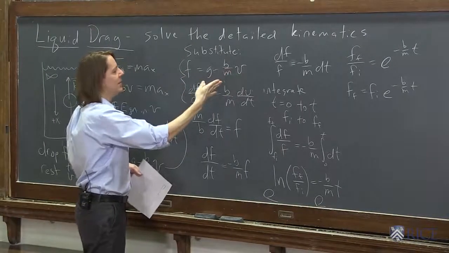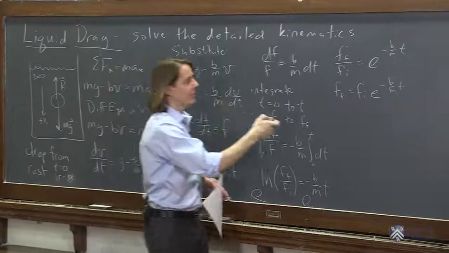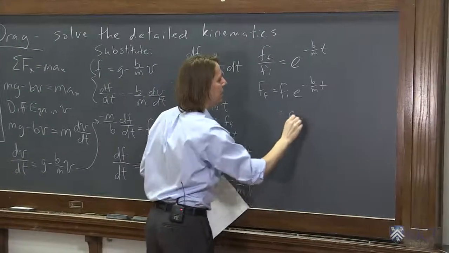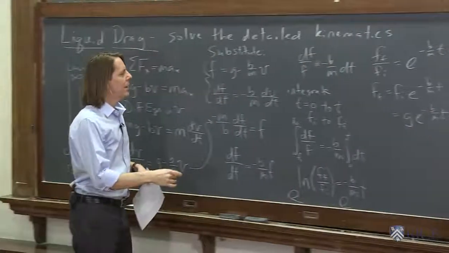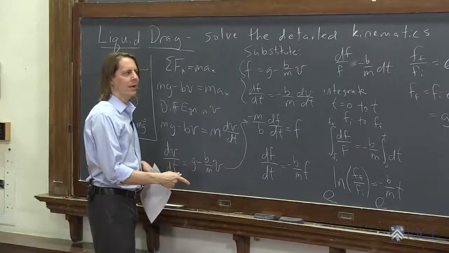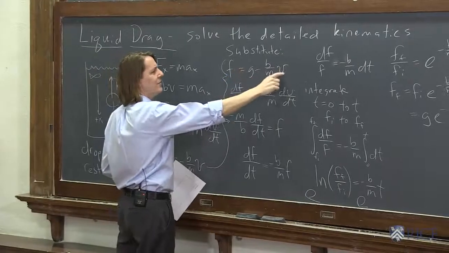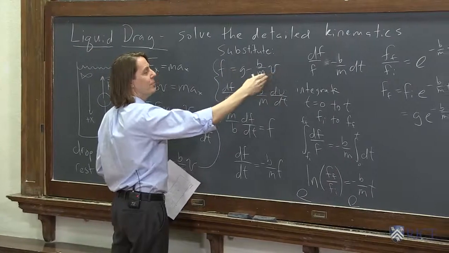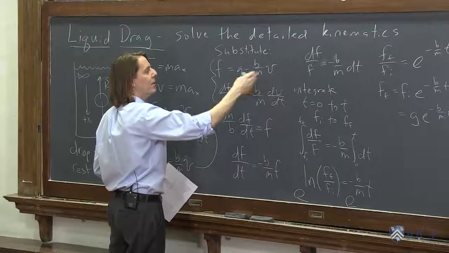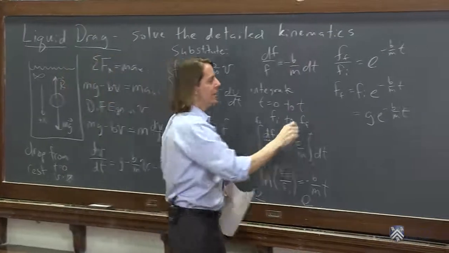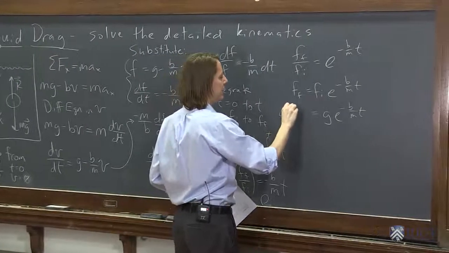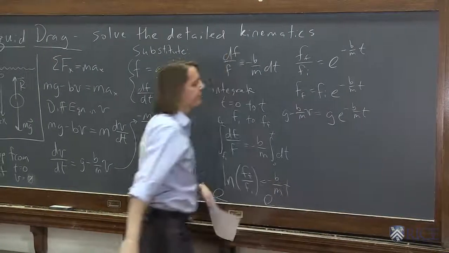So fi is just g, the acceleration due to gravity, times e to the minus b over m t. F final, though, is g, and this has now reached some value. We've gotten up to some velocity that we're looking for. So this is really now just g minus b over m v.